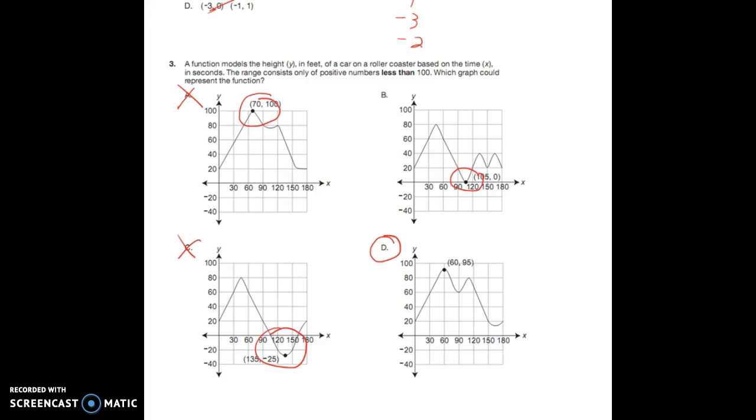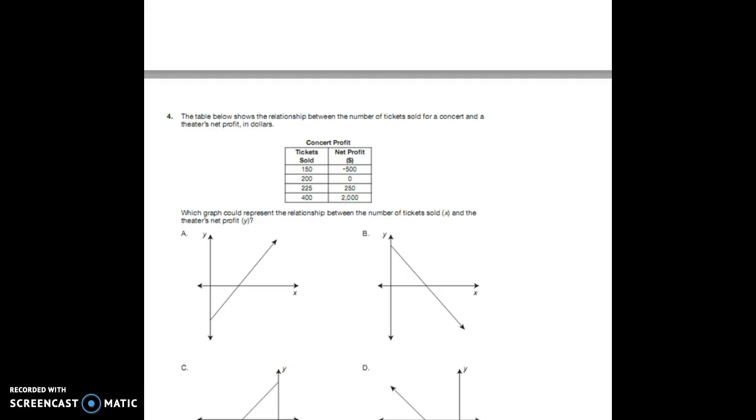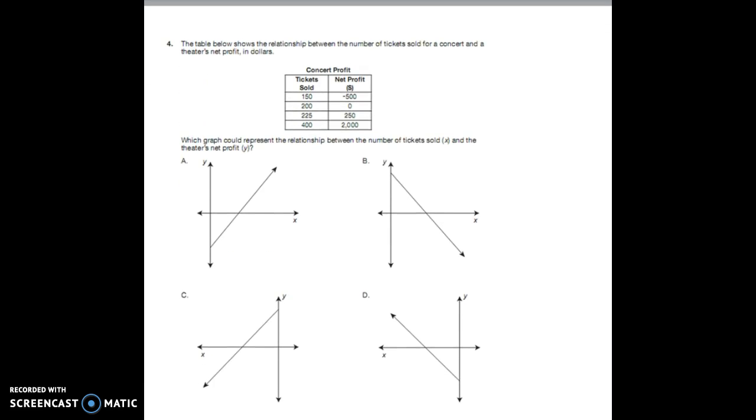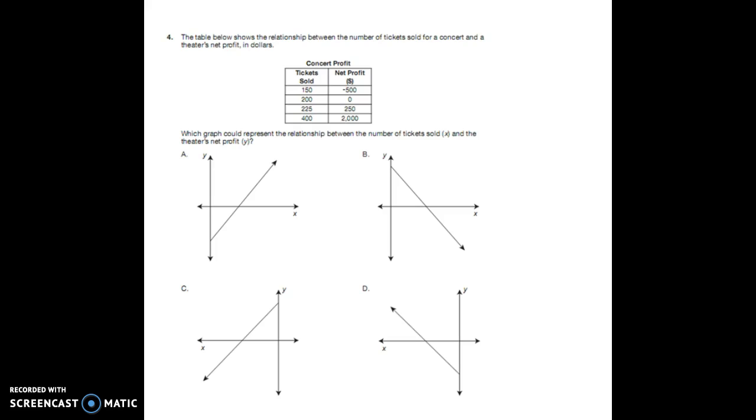The next one that we're going to look at says the table below shows the relationship between the number of tickets sold for a concert and a theater's net profit in dollars. So we're talking about tickets sold versus their profit.